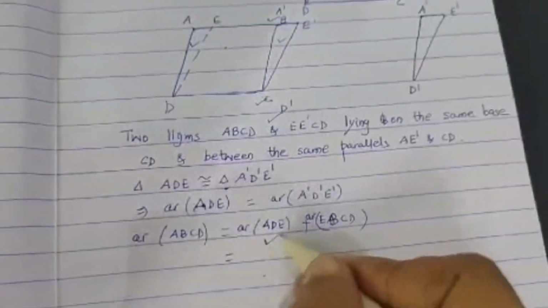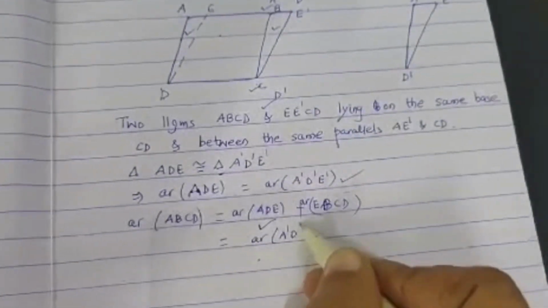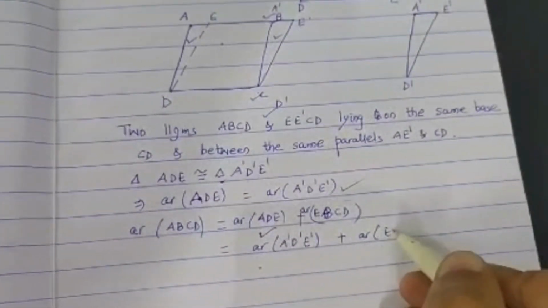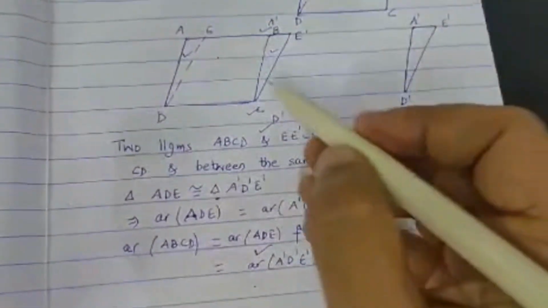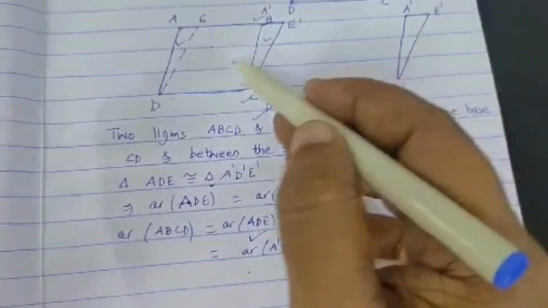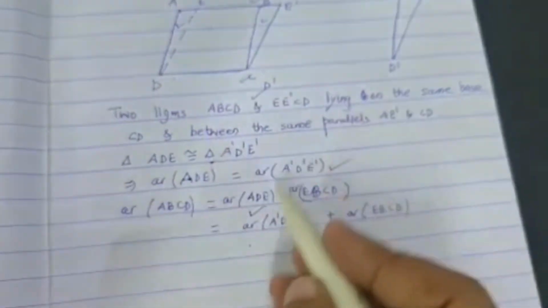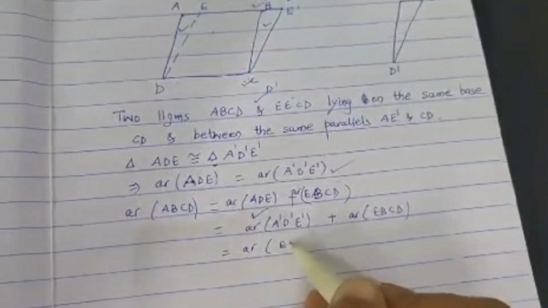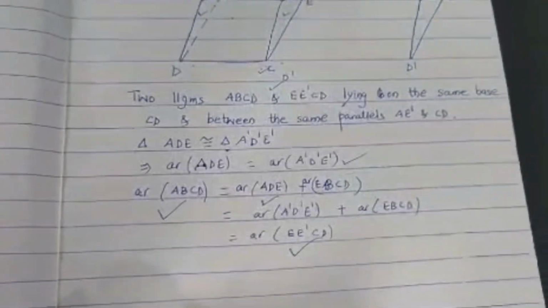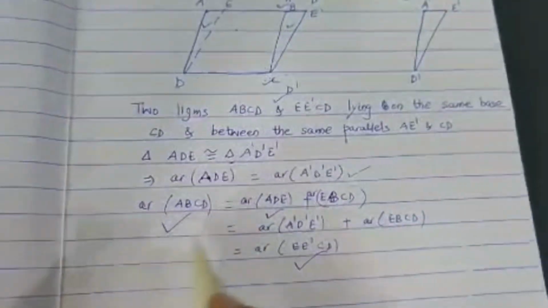That is equal to, in place of area ADE, we can write area A dash D dash E dash, plus area EBCD. Now you look here, area EBCD plus area A dash D dash E dash means area E dash CD. That means this parallelogram and this parallelogram have equal areas, ABCD and E dash CD.